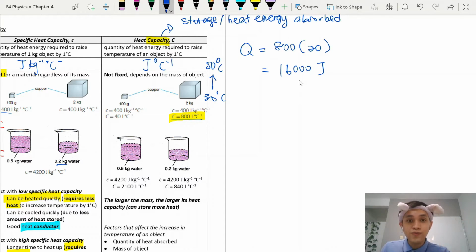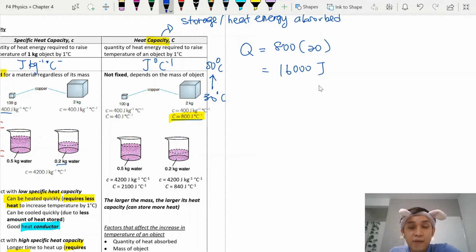I only know that copper absorbs 16,000 joules of heat energy, but I do not know the mass of the copper that I'm heating. This is the difference between heat capacity and specific heat capacity. When we calculate using the heat capacity value, like in this example, the only thing I know is that it is absorbing 16,000 joules of heat energy, but I do not know the mass of the copper.